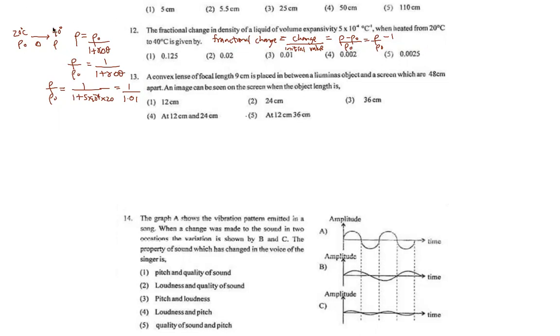Okay. Now let's get the answer quickly. What is rho over rho naught? It is 1 over 1.01 minus 1. If I take LCM, I'm getting 1 minus 1.01 over 1.01. So what is the answer?